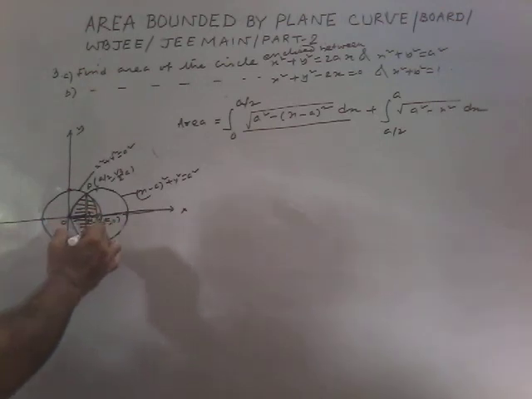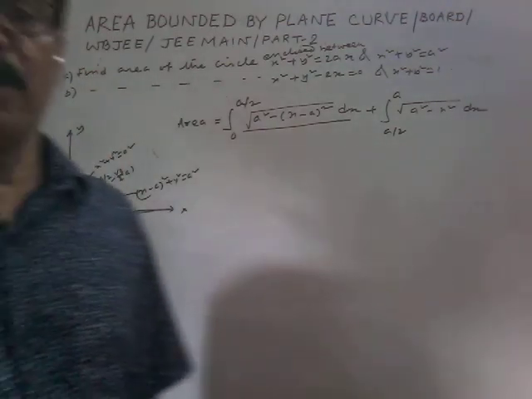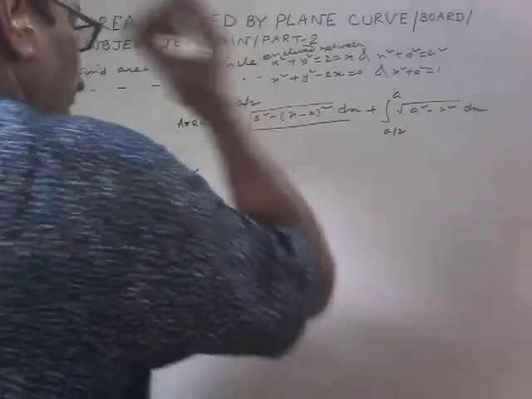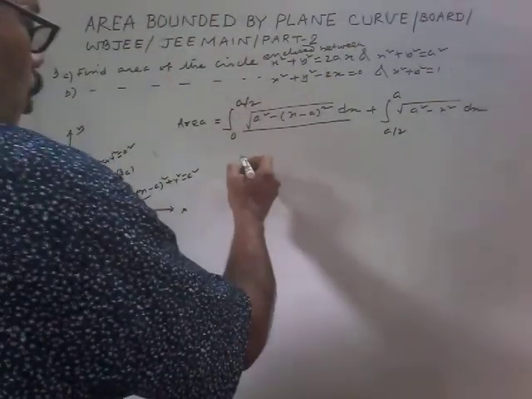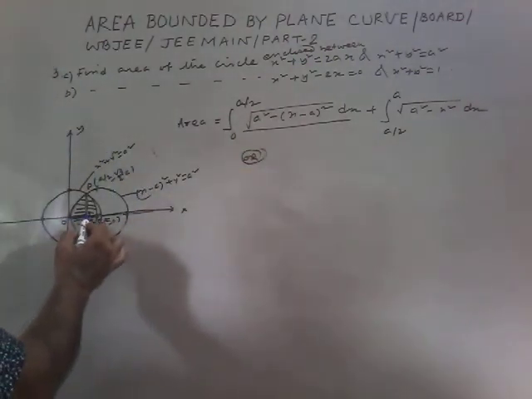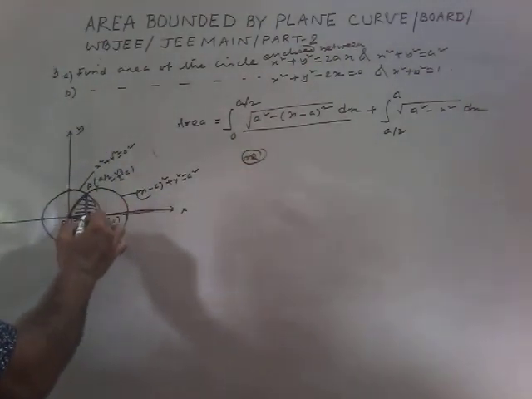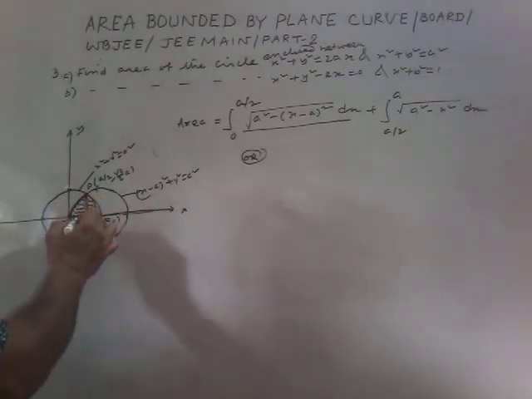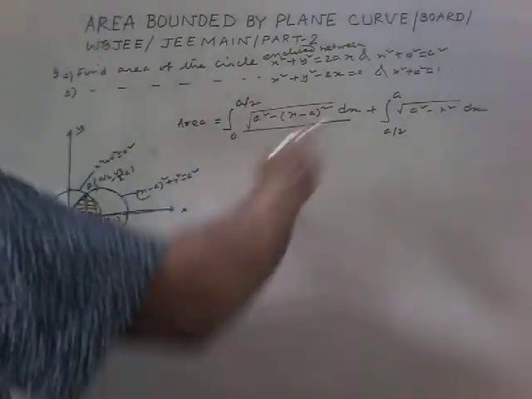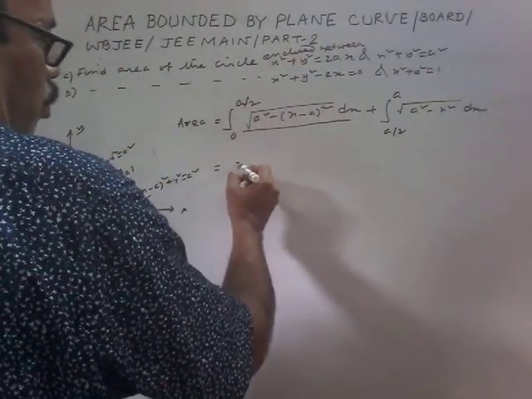So this one multiplied by 4. We can also use this one, or look, for symmetry, this is 0 to a by 2, this curve. So you are getting this portion multiplied by 4. Or you add this. So what is our formula?